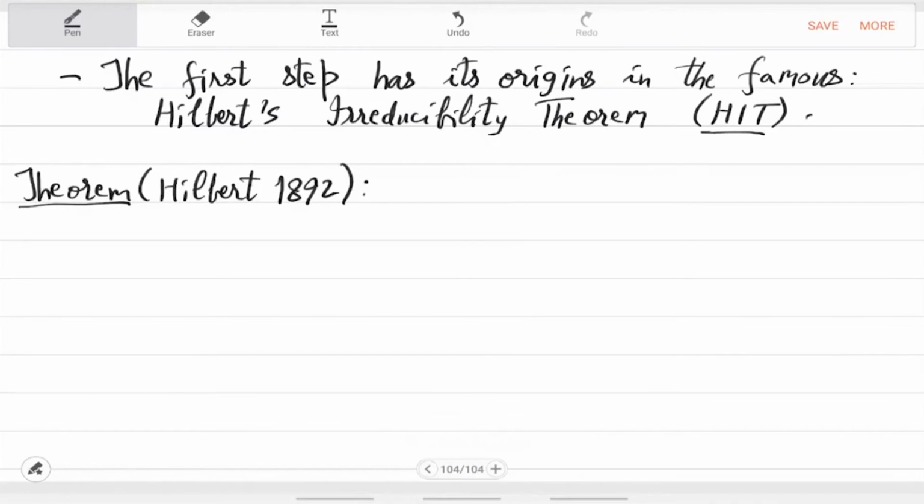The spirit of this is very simple. You are given a univariate, n variate or n plus 1 variate polynomial f that is irreducible over a field. Now, what happens if you randomly project that polynomial down to 2 variables or 3 variables or so on? Will it remain irreducible?